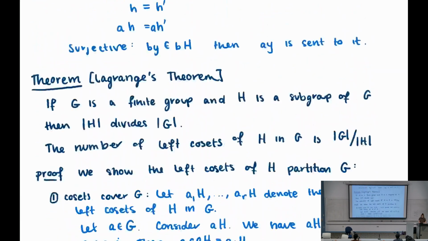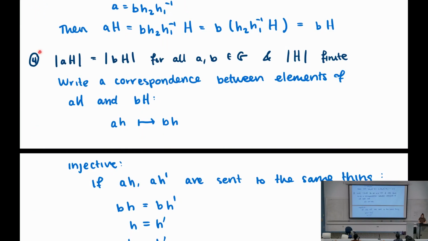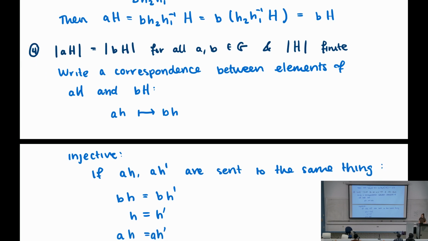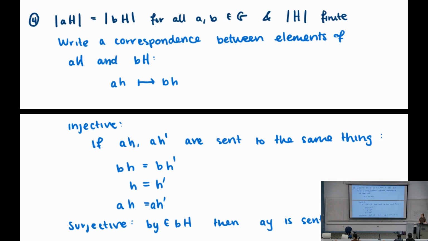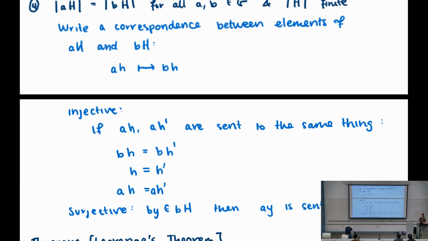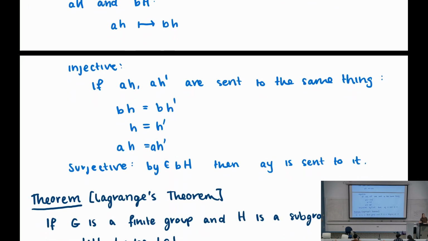Because of part 4 of this. So we know that if we compare the size of any two cosets, that they're the same. And yes, everything that we proved for left cosets will also be true for right cosets.